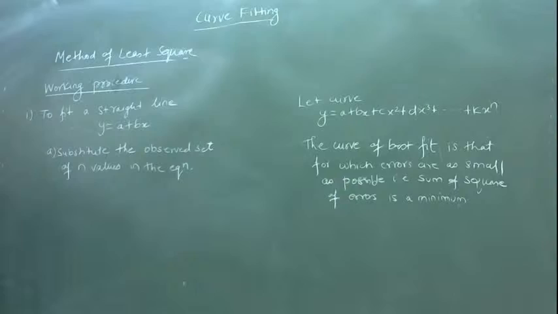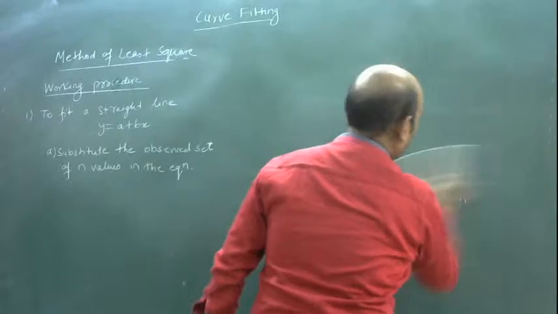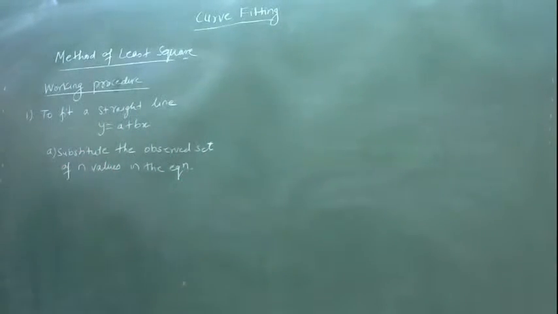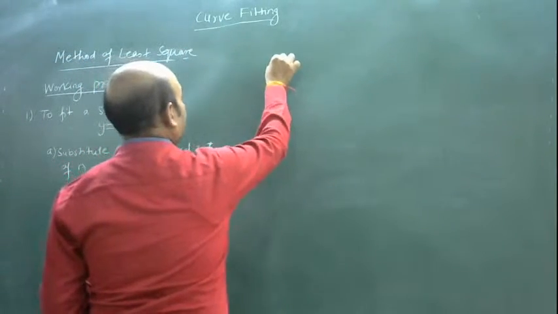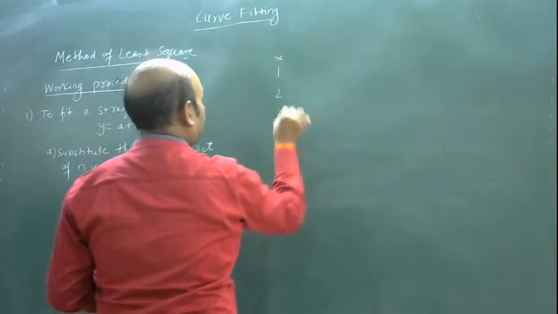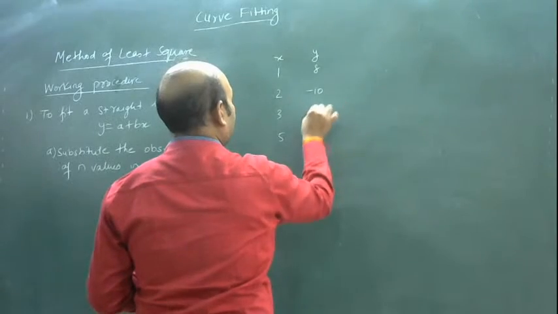Let's suppose the values of x and y are given. We will take an example and understand it side by side. Let's suppose the values of x are given as 1, 2, 3 and 5, and y is given as 8, minus 10, 5, 6.